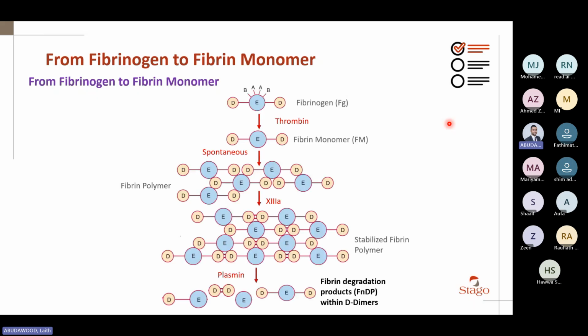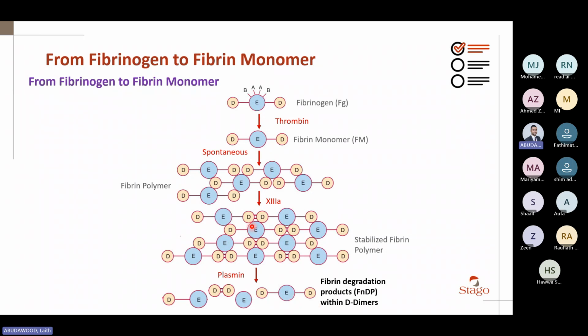So if we come back to this, we said when we form a clot, fibrinogen is turned into fibrin via the activity of thrombin, okay? Then fibrin monomers stick to each other spontaneously, as you can see. Then factor 13 links the D to the D, so we have the covalent bond, so this forms a D-dimer. So this is what you would normally expect in a normal clot.